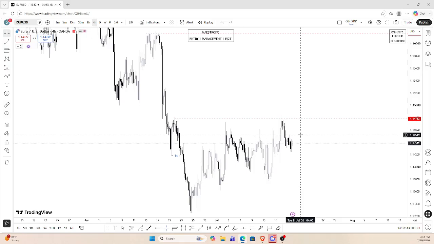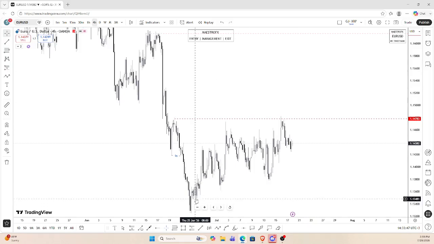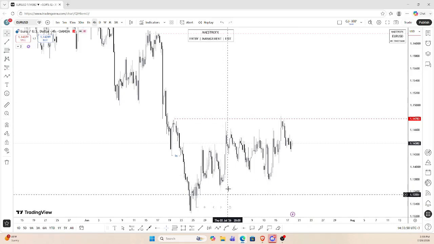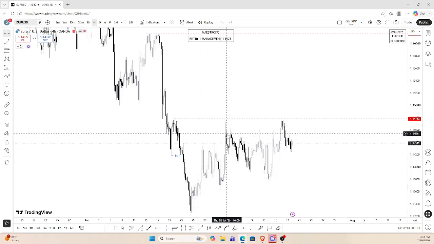And for this case, the lower time frame was bearish, and so to get that higher time frame correction, the lower time frames have to shift to bullish, okay?